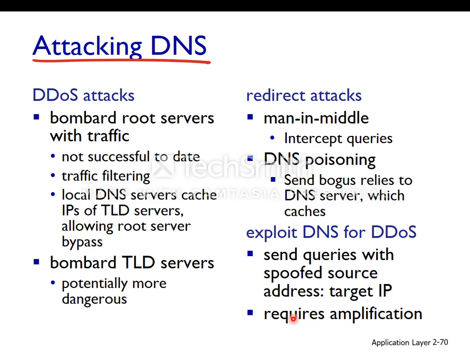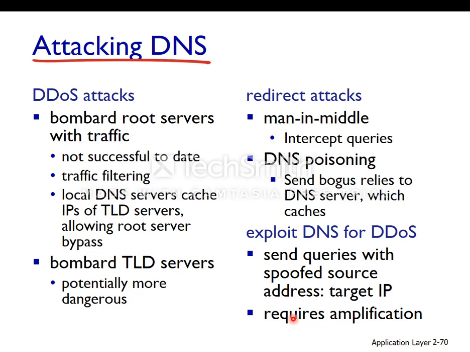Alice would be a local DNS server, and Bob might be some DNS service trying to get some information from. Well, you could have Eve in the middle of that, and Eve will intercept the queries, and it could then give a false response. Another thing you could do is DNS poisoning, where you send bogus replies to a DNS server, which the DNS server then caches.